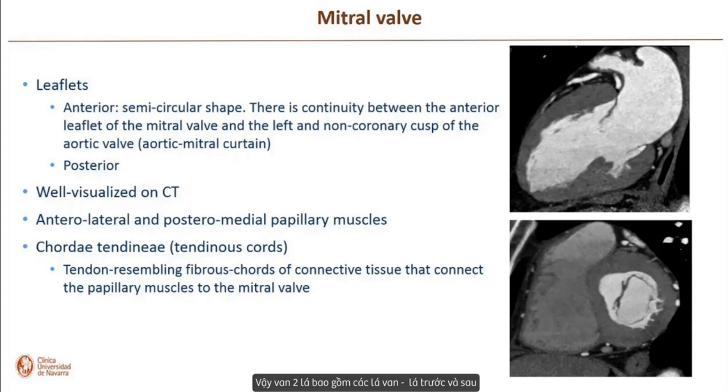So the mitral valve consists of the anterior and posterior leaflets. We've got the papillary muscles, the anterolateral and the posteromedial, and there will be chordae tendineae that attach these papillary muscles to the mitral valve leaflets.